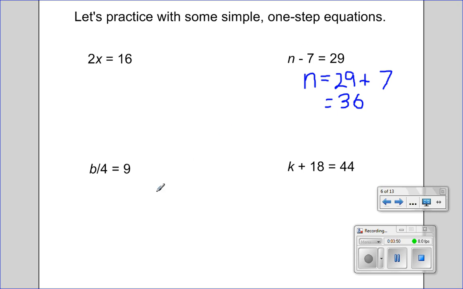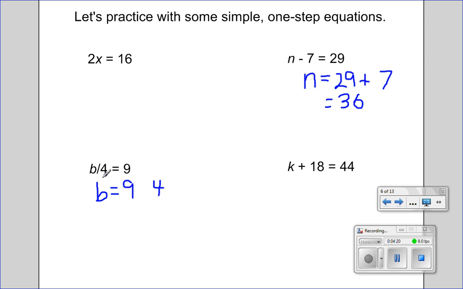Okay, I'm going to look at this one here in the bottom left. This slash means divide. So b divided by 4 equals 9. So what I'm going to do is leave the b on the left. I'm going to keep the 9 on the right side. I'm going to move the 4 to the right side.